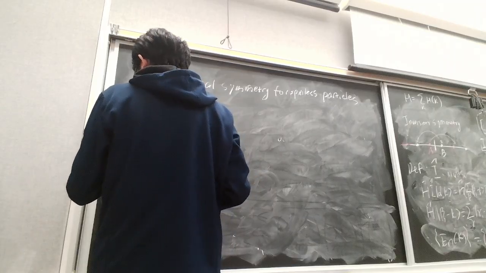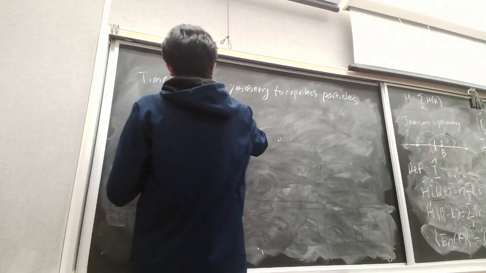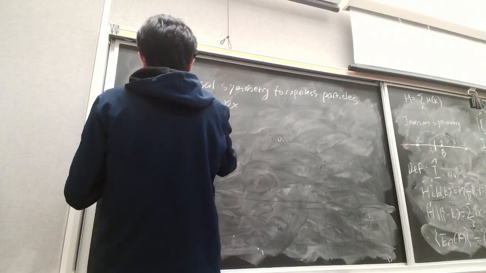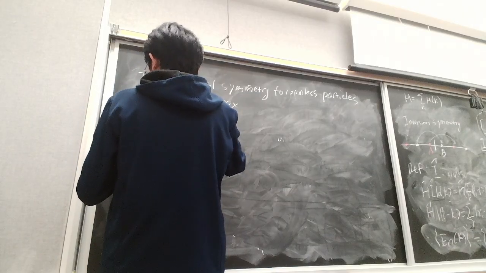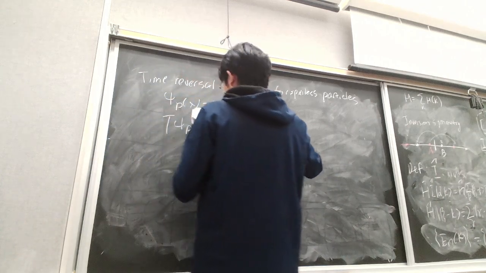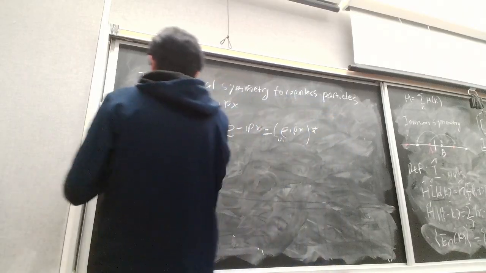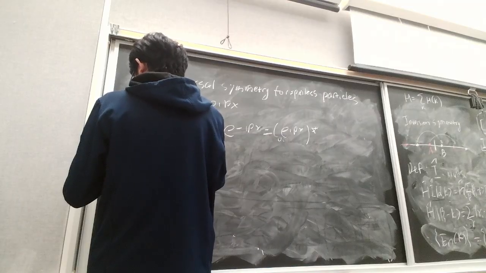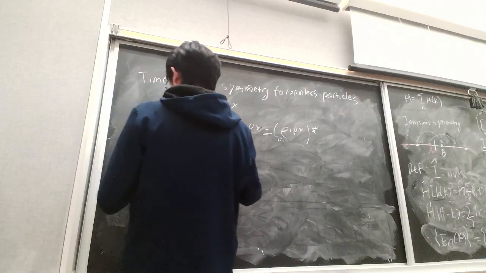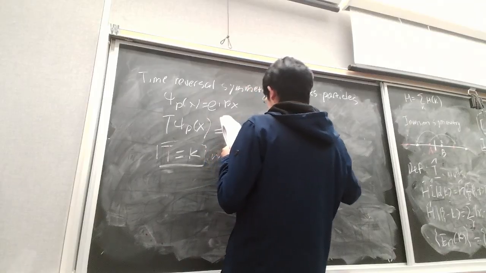So if we consider a plane wave like this, this is the time reversal operator. If you act on this plane wave, you get e to the negative i px, which is the complex conjugate of e to the i px, and then this means that T equals k, where k can be written like this.